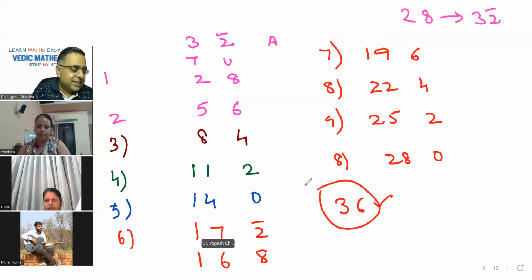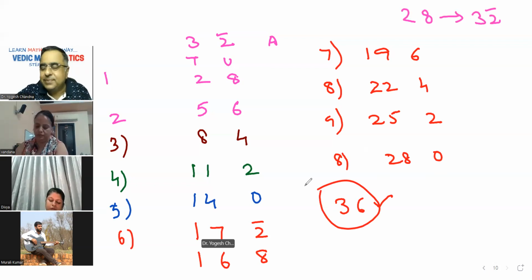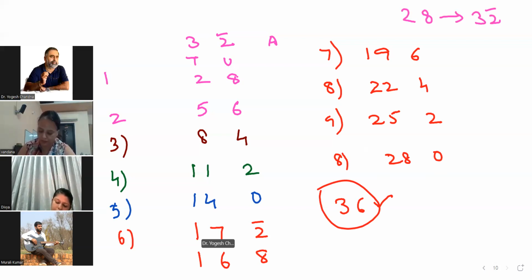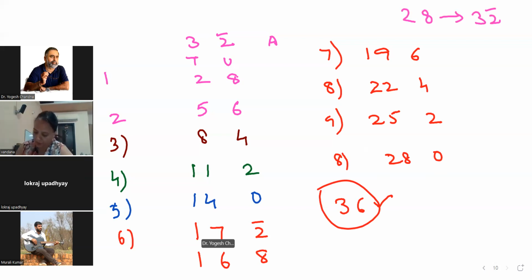Try question 36. Table of 36. Full bar. 6, 7, 72, 11.